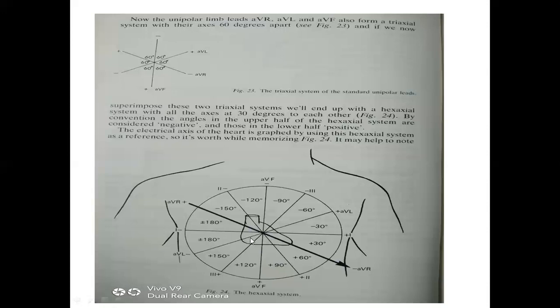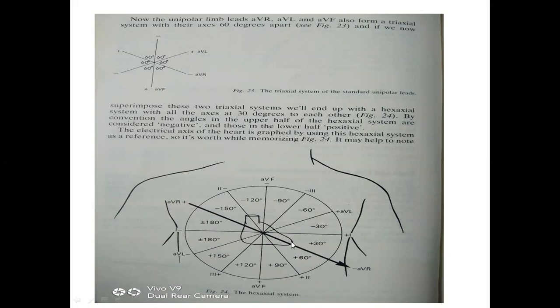Now the heart is situated on the left side and the normal axis is 45 degrees. But there is a range from 45 degrees to 0 degrees to minus 30 or to plus 30. So anything in this pattern is called a normal axis. Why do we have to know about the axis of the heart? There are certain conditions.